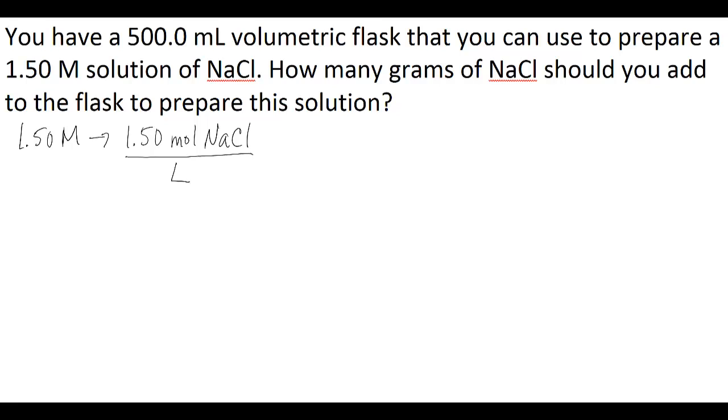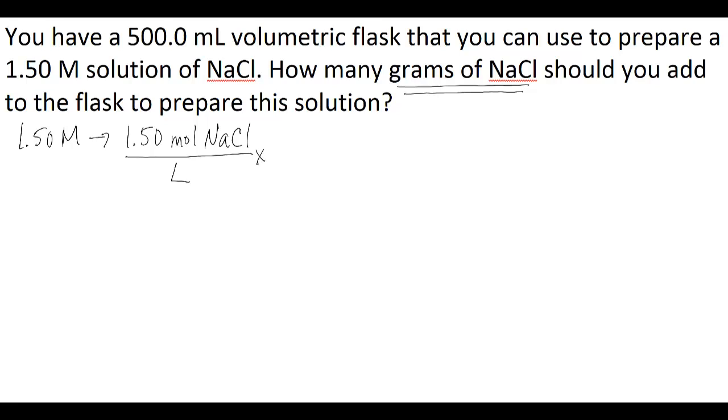So that's a start, because what you want to know is the number of grams of sodium chloride that you should weigh out on a balance to then add to the volumetric flask to make your solution of desired molarity, which is 1.50 molarity. So you want to get to grams of sodium chloride.